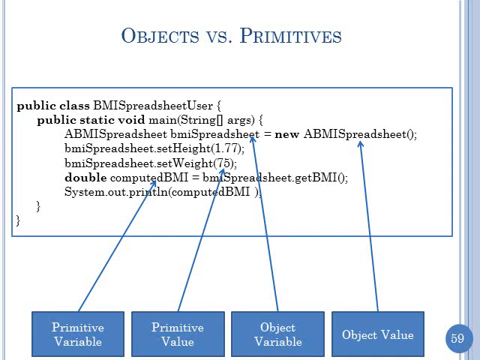Right, for object variables, the object variables store addresses to the values, and primitive variables don't store addresses, they're just allocated. And they're both passed by value.